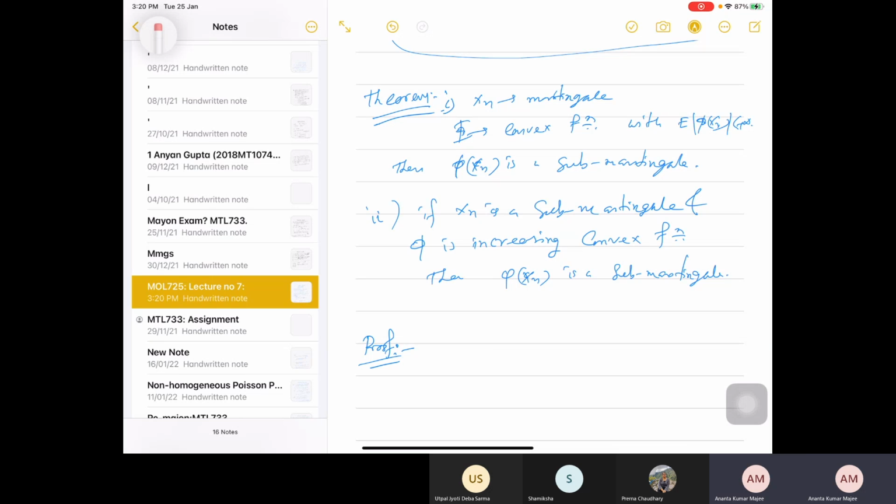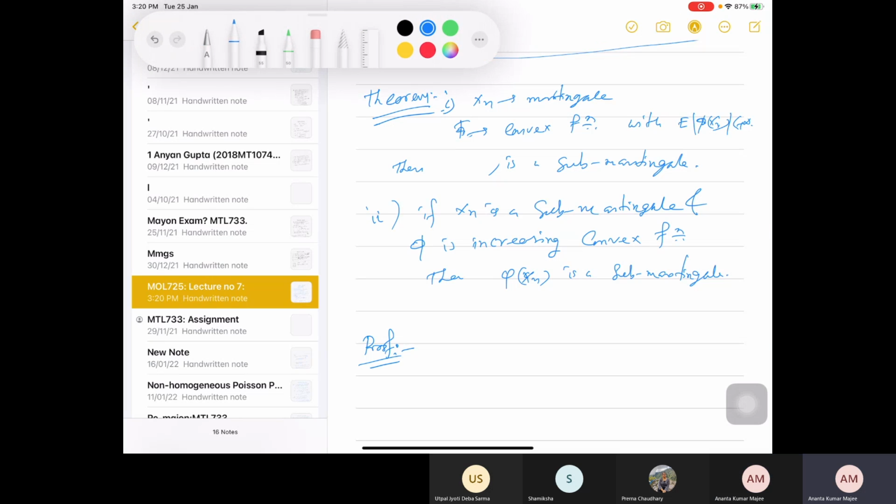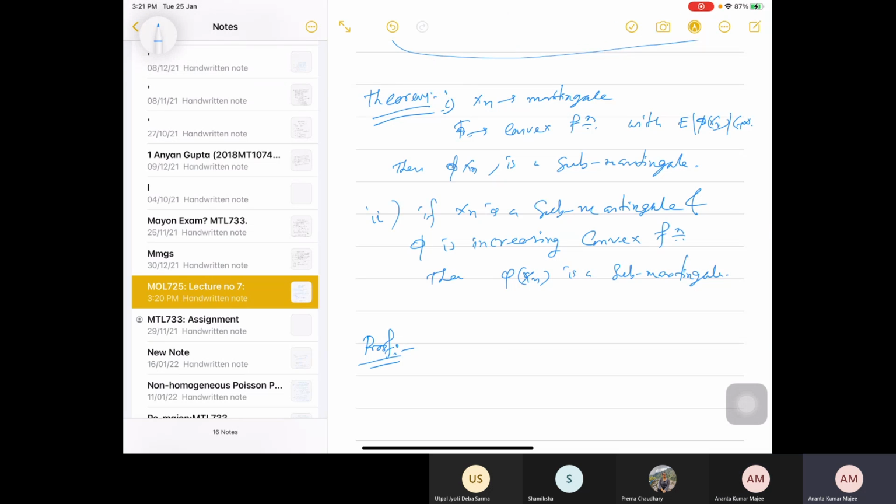So what do I have to show? For the first case, I have to show that phi of Xn is a submartingale. That means I have to show that the expectation of phi of Xn plus 1 given Fn is greater than or equal to phi of Xn.